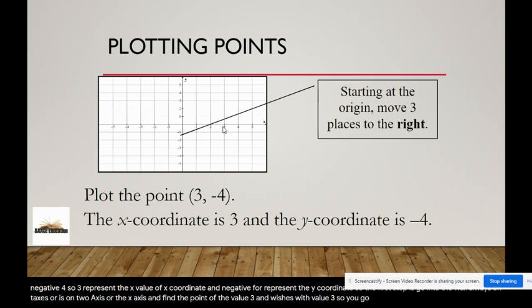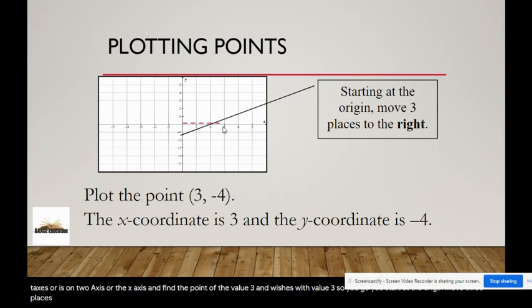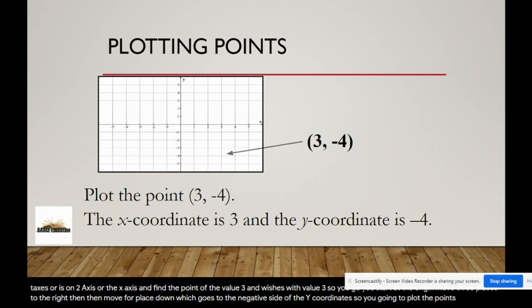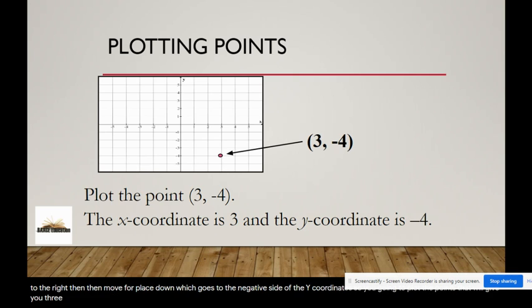So you start at the origin, move 3 places to the right, then move 4 places down, which goes to the negative side of the y coordinates. So you plot the point that gives you 3, negative 4. 3 is the x coordinate, negative 4 is the y coordinate.